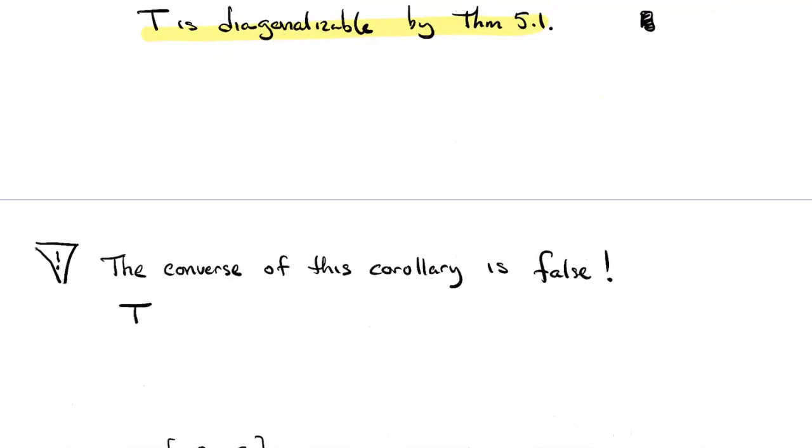The kind of examples that come to mind first is, say, if you take the 0 operator. The 0 operator is diagonalizable, but it only has one eigenvalue.